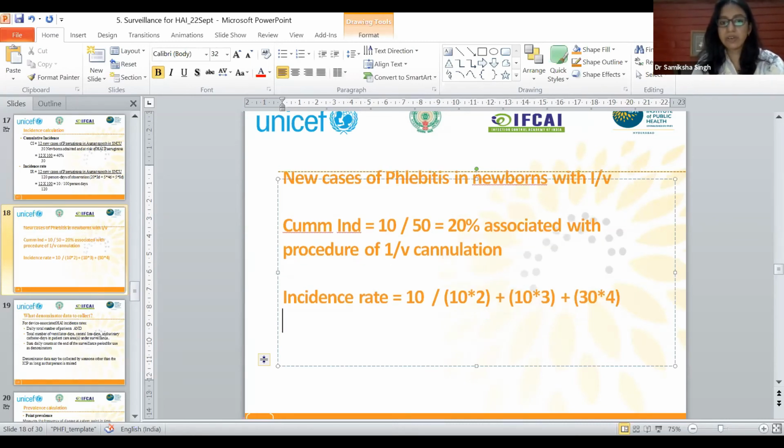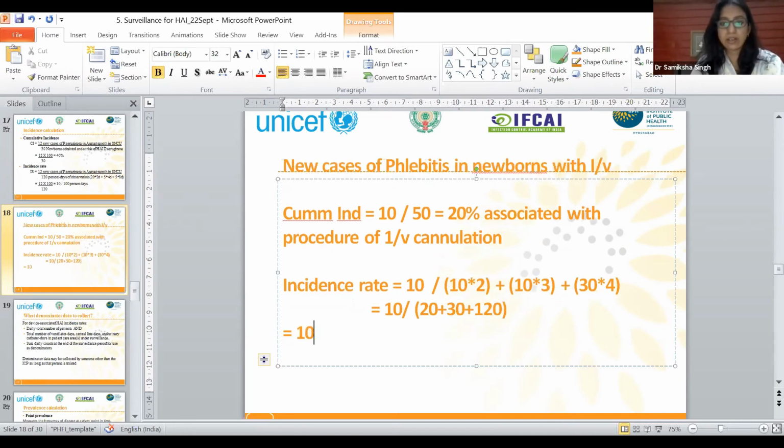So how you will calculate now is you take the risk. The population is at risk for the duration for which they have been IV cannulated. So the numerator remains the same. However, the denominator becomes 20 plus 30 plus 120. That is 10 divided by 170.